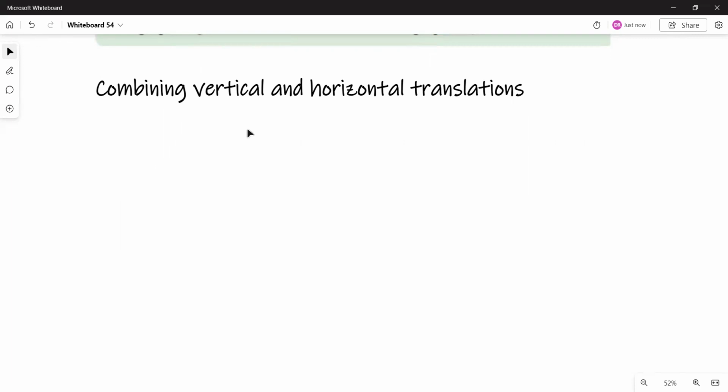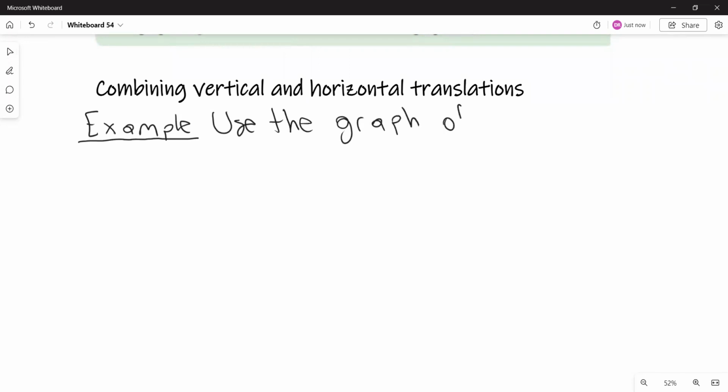Okay, so we are going to use another basic function. We are going to use the graph of the square root of x to obtain the following graphs.